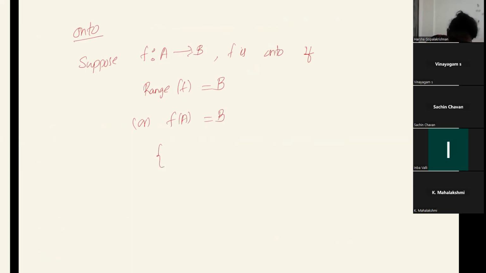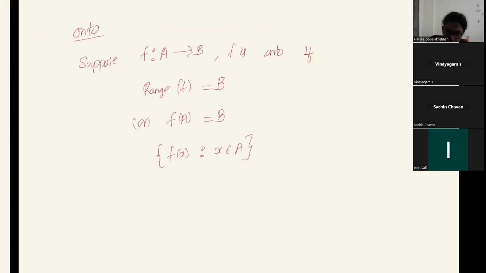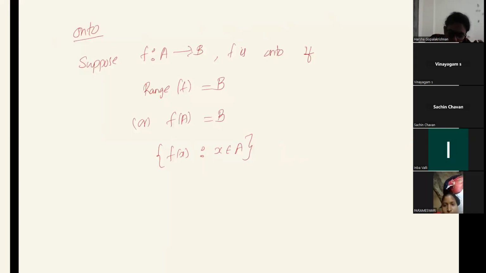F of A means the set of all f of x such that x is in A. That means we take all elements in A and the images of those elements under f. If that collection is the same as B, then it is onto.